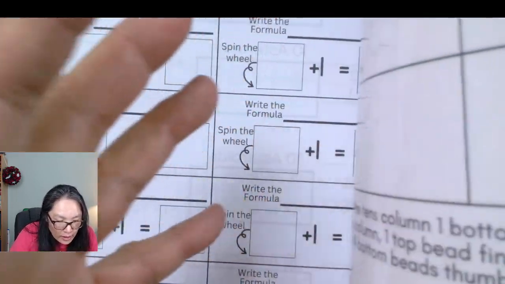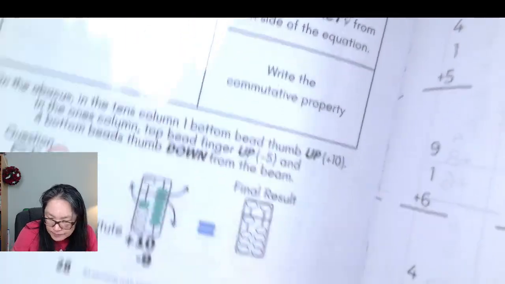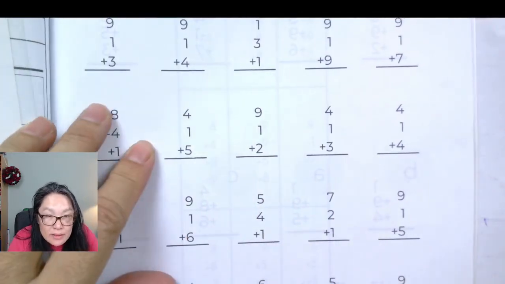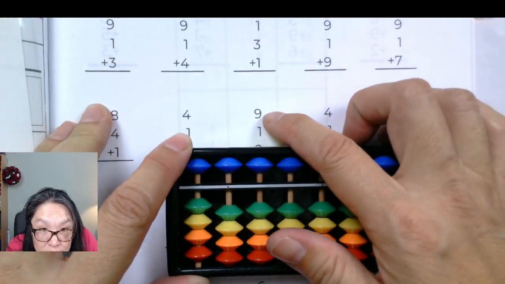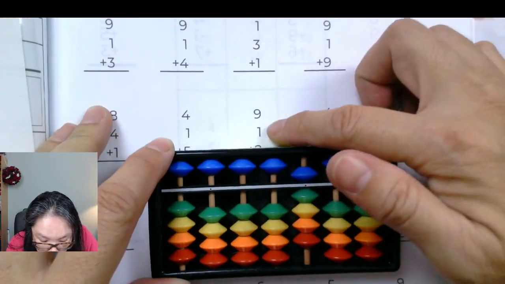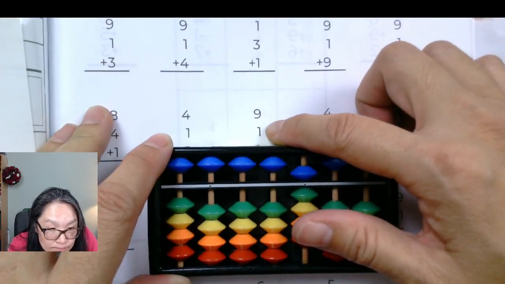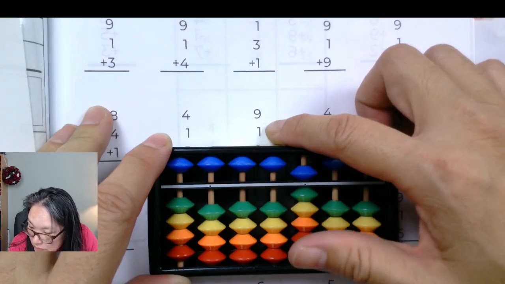What are we doing? So yeah, after this, we could do this. These are similar. Okay. We have a 9. We add the 9. We add the 1. Almost. That's okay.